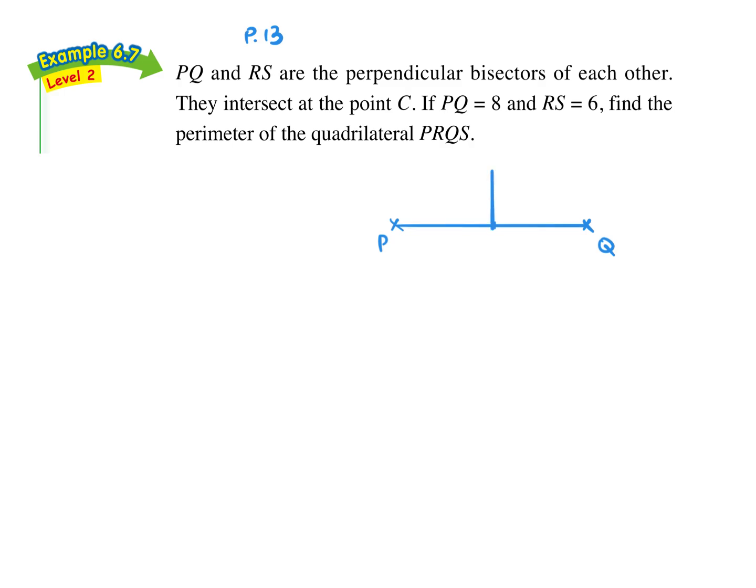And then we draw another line here, whose endpoints are R and S. It is quite trivial that quadrilateral PRQS is a rhombus. Okay. Then we write down the reason here.